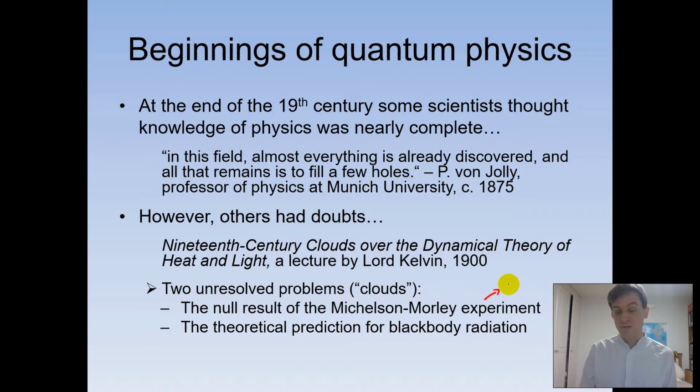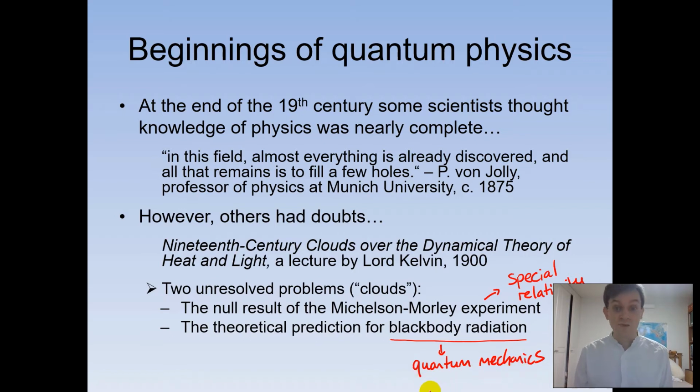The Michelson-Morley experiment, as we've seen, required the discovery of special relativity in order to have a good explanation, and this result on blackbody radiation actually requires quantum mechanics to understand. And this was partially Planck's contribution actually, to explain the blackbody radiation spectrum.